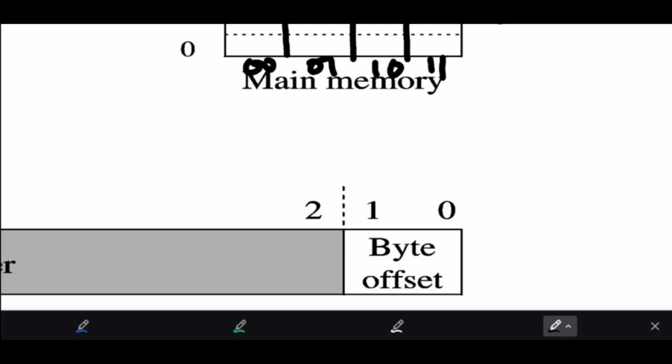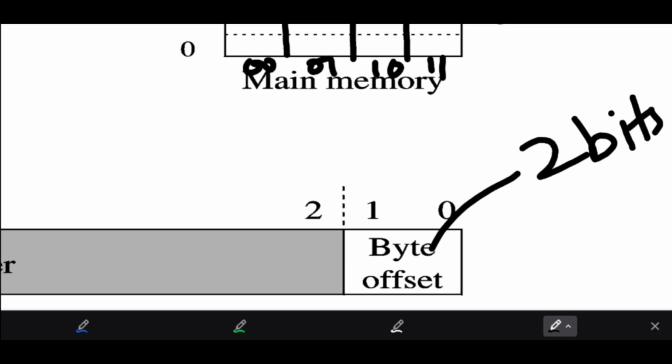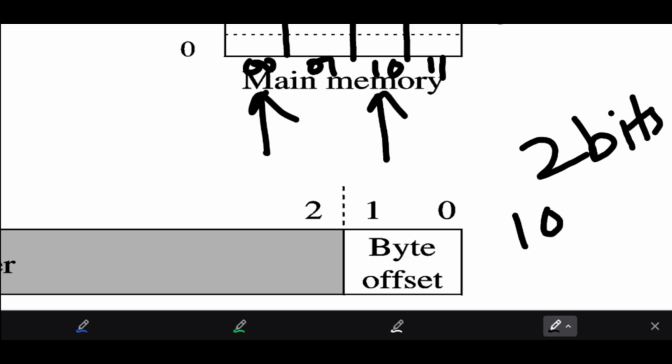The byte offset may be 2 bits. If the byte offset is 00, then we are addressing this word. If the byte offset is 10, it means addressing this data word.